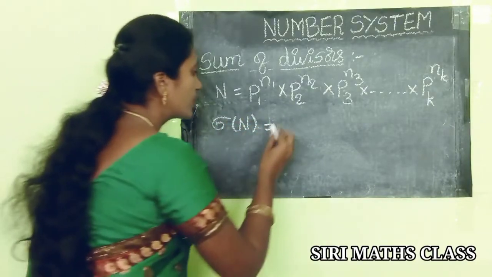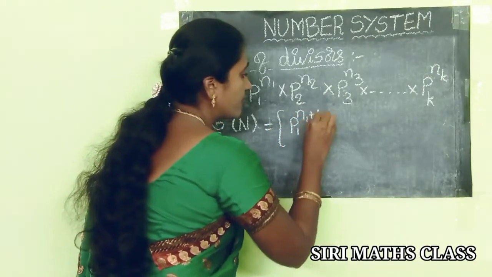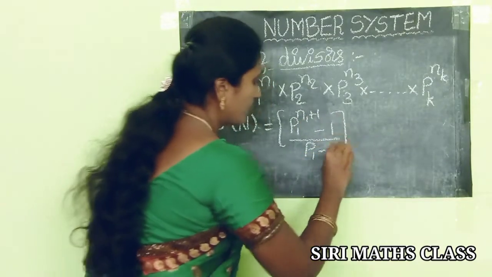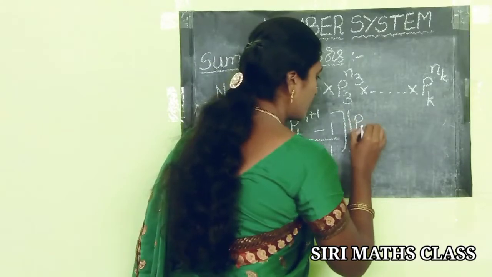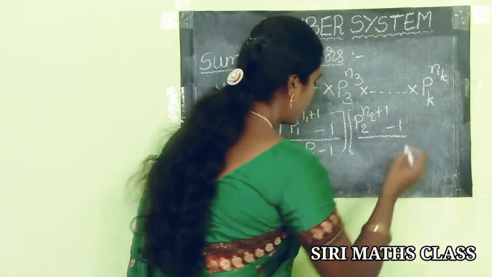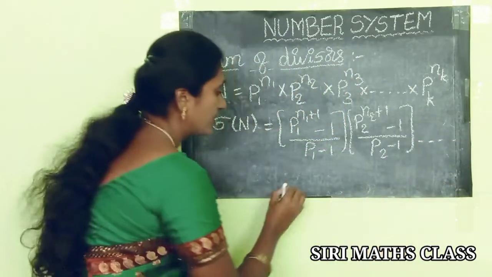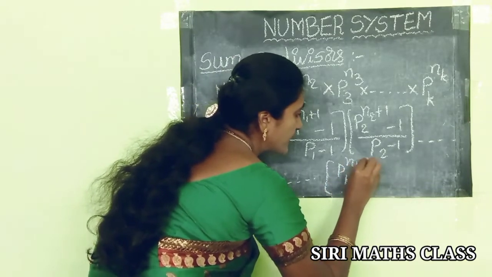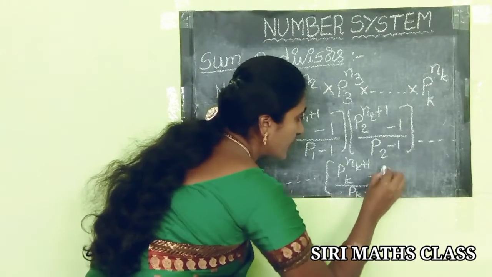Sigma of n equals (P1 to the power of n1 plus 1, minus 1) by (P1 minus 1), into (P2 to the power of n2 plus 1, minus 1) by (P2 minus 1), and so on, into (Pk to the power of nk plus 1, minus 1) by (Pk minus 1).